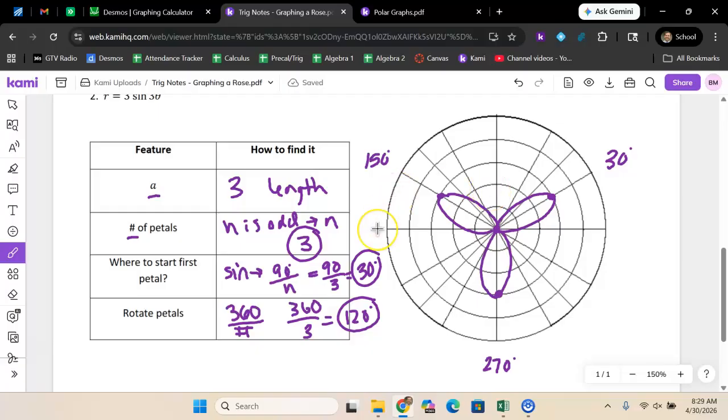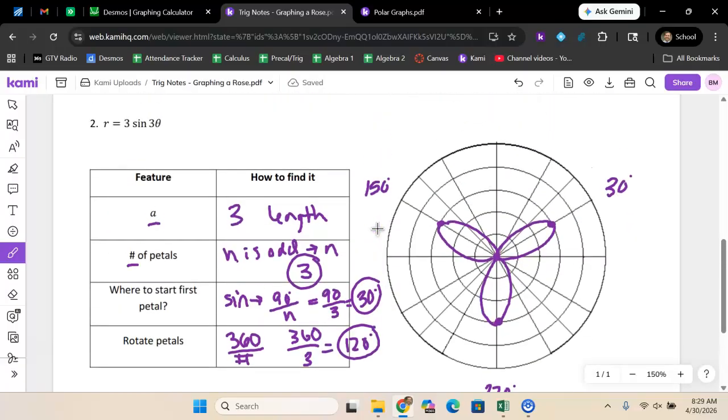The one thing I want to mention here, I know this is going to come up at times, is if your lead number is negative, still do all the same thing. All the information will be the same, except your first petal, again, is going to start at 30 degrees, but it's going to have a length of -3. So I'm going to start at 30 degrees, but go out -3, which would put me here.